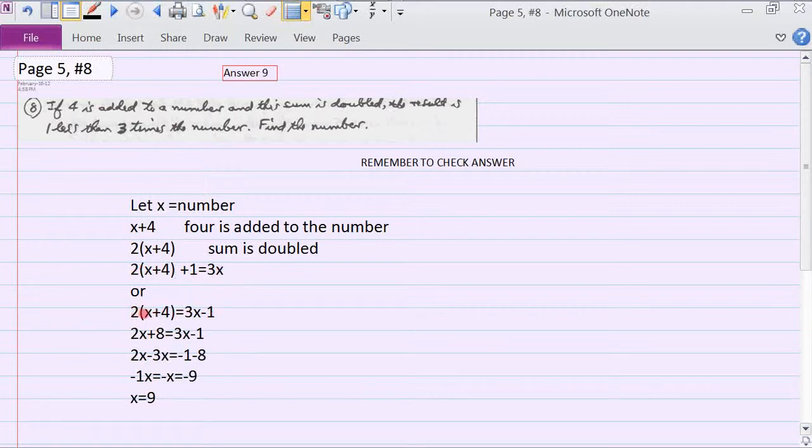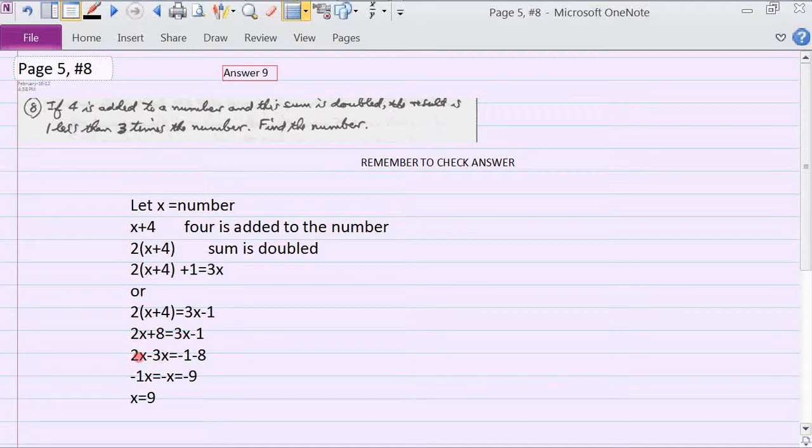Now we'll use this line here, and if we use the distributive rule, we get 2 times x is 2x, 2 times plus 4 is 8, and the right side stays the same, so we get 3x minus 1. Now we're going to bring all the variable terms to the left side.